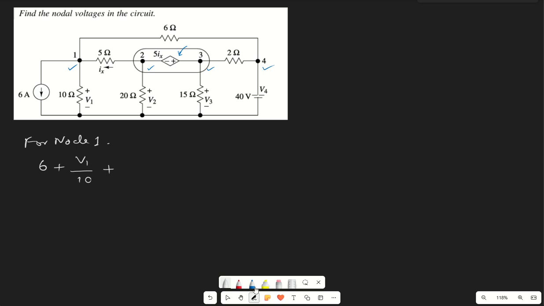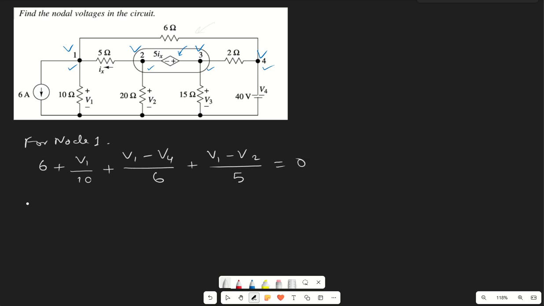Then plus, okay, let us name these as V1, V2, V3, and this is V4. So next will be V1 on the top branch, so it will be V1 minus V4 divided by 6, right? Then we have another branch which is V1 minus V2 divided by 5. Okay, so this is our one equation.